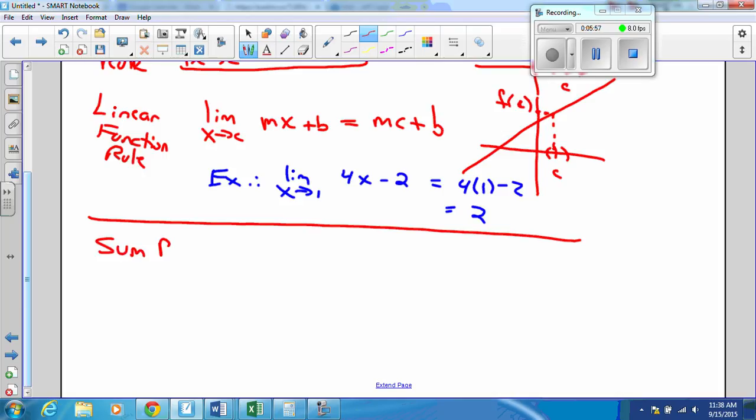We're going to have a sum rule. If I have two functions, f and g, added together, then the limit of that sum is the same as the sum of the limits.